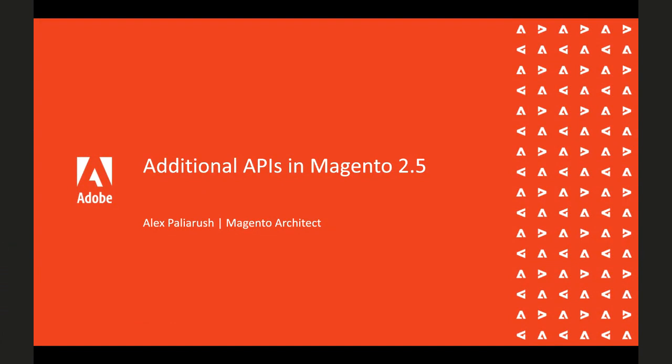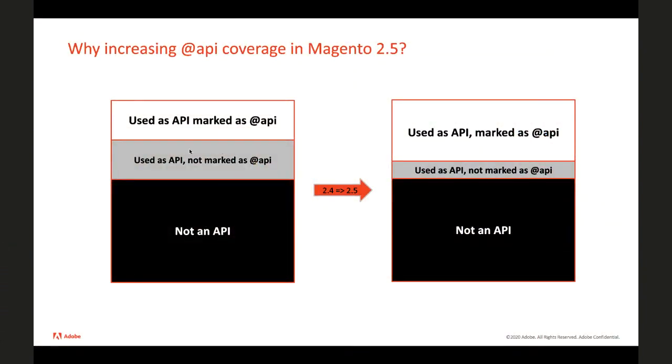One of the ways to mitigate this issue is to reduce the so-called gray area that we have right now in our API coverage and legalize APIs that we already have in Magento, but which we are not treating as API at Adobe.